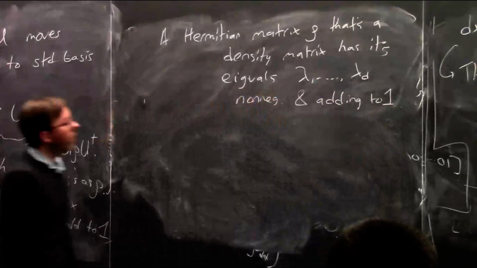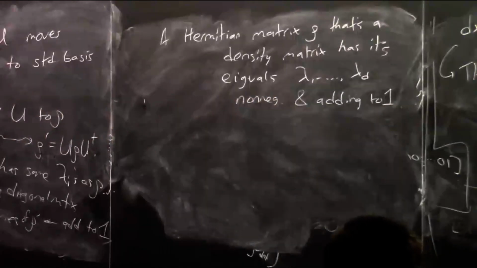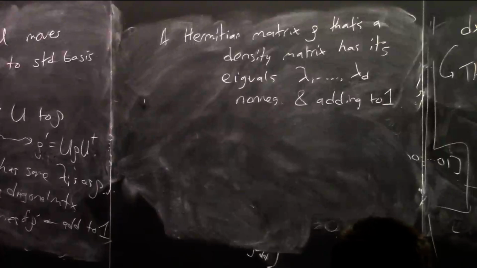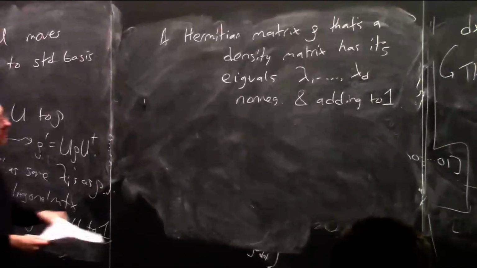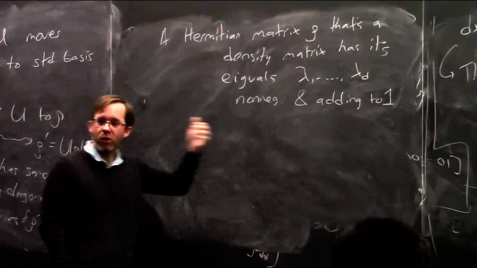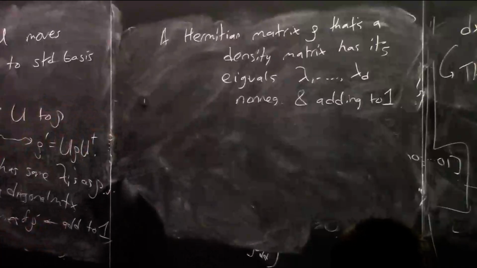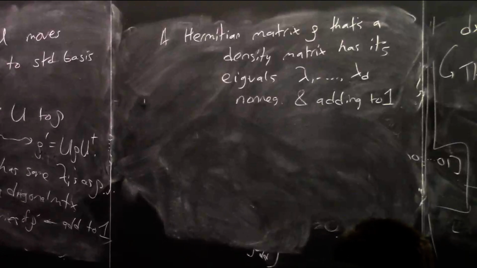And in fact, this is if and only if. If you have a Hermitian matrix that has non-negative eigenvalues adding up to 1, it is a density matrix. It's not hard to show that. And so in particular, they form a probability distribution, which is kind of interesting. And a probability distribution over what? Well, you can think of them as a probability distribution over the v's.